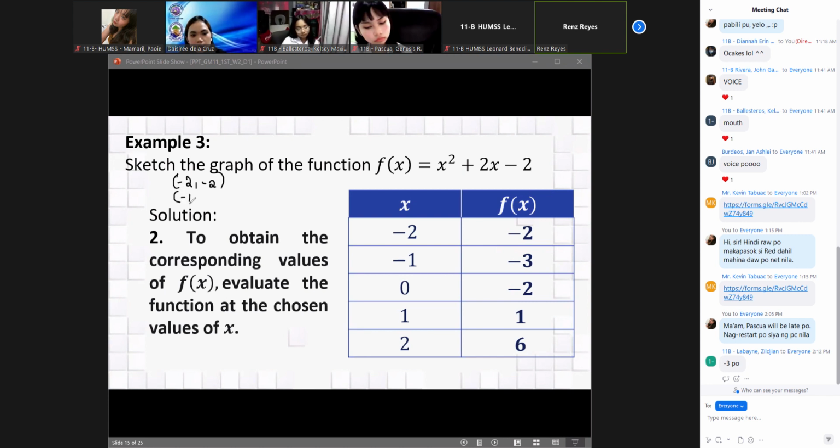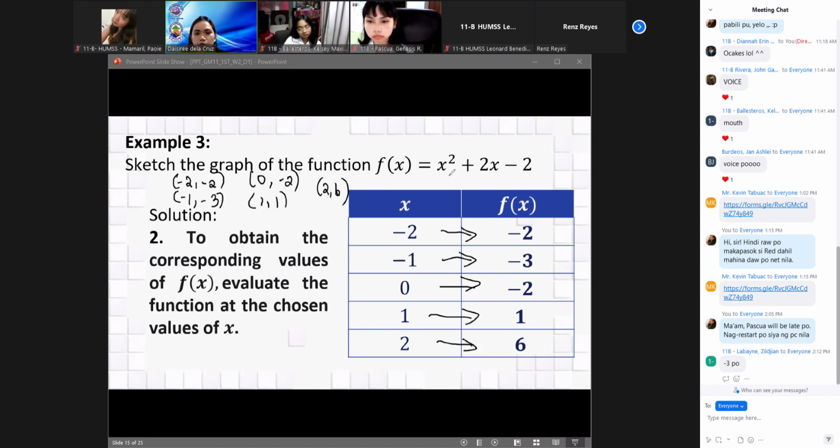Next, negative 1 and negative 3. Next is 0 and negative 2. Pagtatapatin nyo lang po. Okay? And then, 1 and 1. Para hindi kayo mahirapan mag-plot. And then, 2 and 6. Okay? So, after nyo na pong mapagtapat-tapat, i-graph na natin siya.